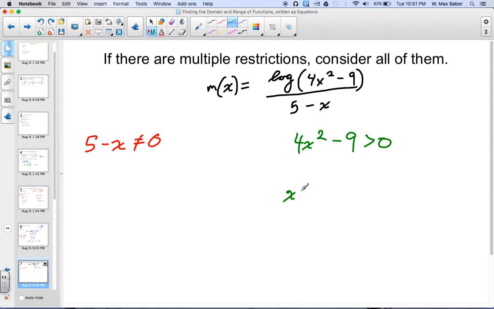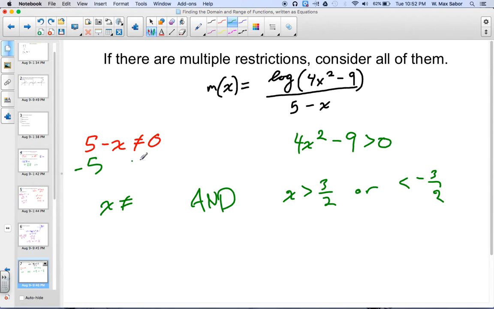So that gives us multiple restrictions. x is greater than 3/2 or less than negative 3/2. And at the same time, we have that x can't be 5.